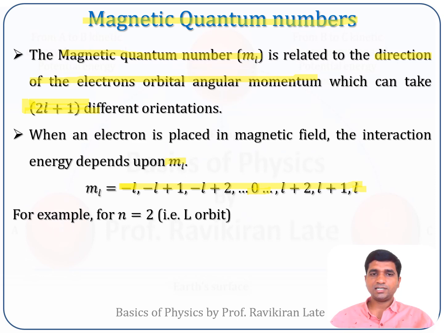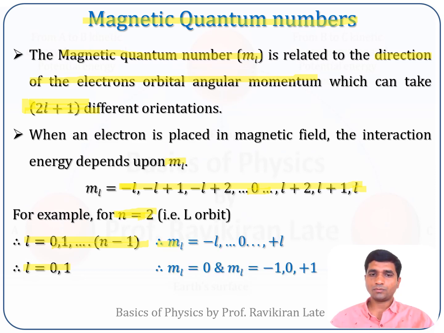So for example, consider n equal to 2, that is the second principal quantum number, the first excited state of the hydrogen atom. The value of l we can calculate from the formalism that l can take values from 0 to n minus 1. For n equal to 2, 2 minus 1 gives 1. So the possible values of l are 0 and 1. From this, if you consider the values of ml, which can take values from minus l to plus l, including 0: for l equal to 0, ml can have the value 0.